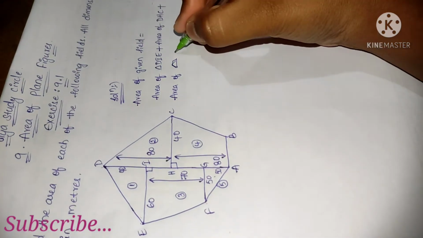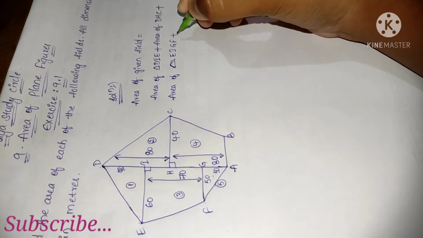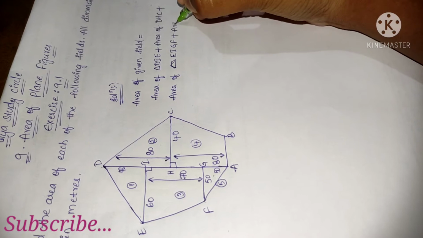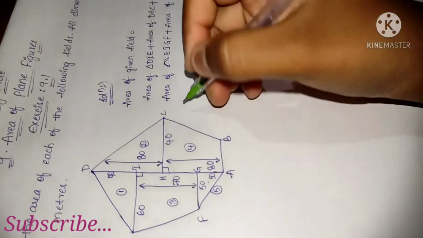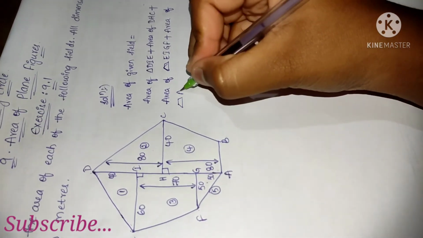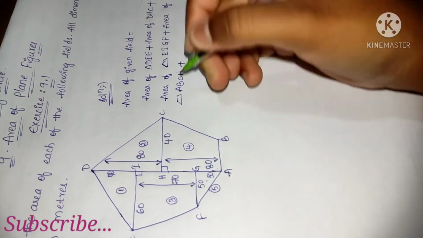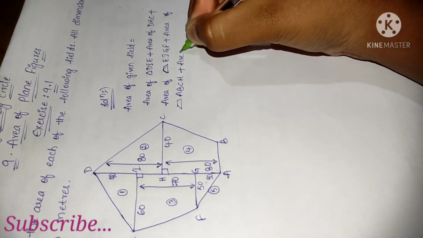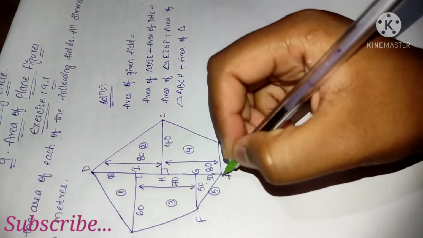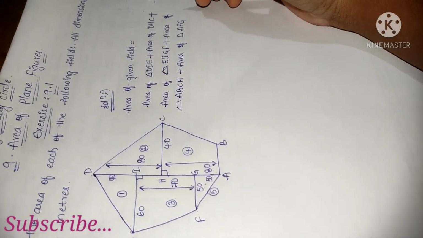You can take EFGI, whatever. Next area of shape 4, that is also a trapezium, so area of trapezium ABCH. Next fifth one is area of shape 5, that is triangle AGF, or AFG, whatever.